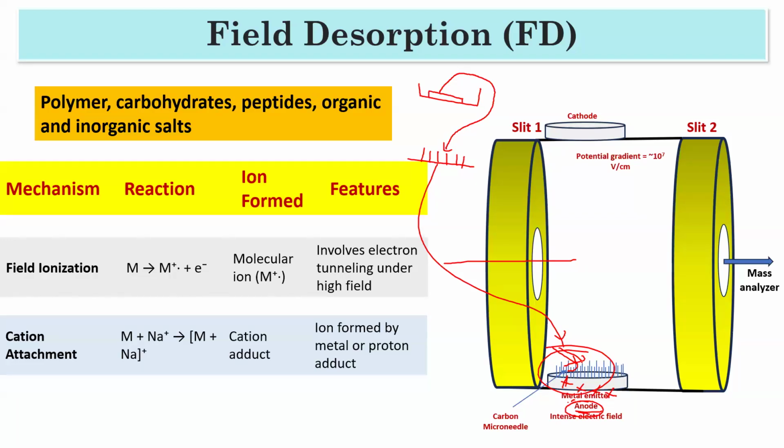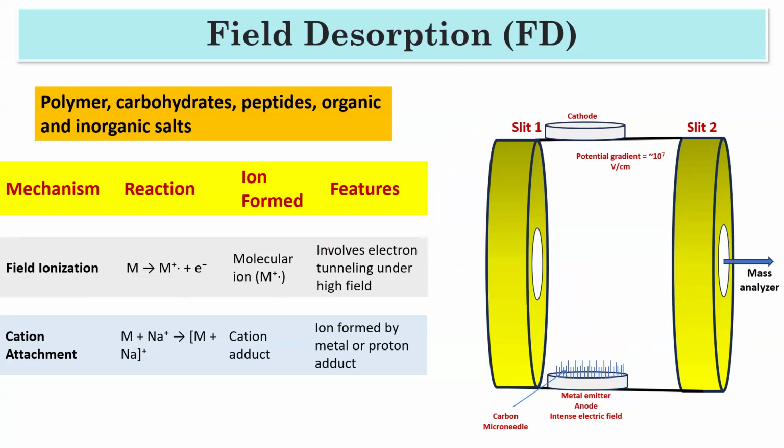Because of this, some few electrons will go to your anode, and then your molecule will be ionized. Once it is ionized, because we have different potential gradients, this molecule will start moving to the mass analyzer.